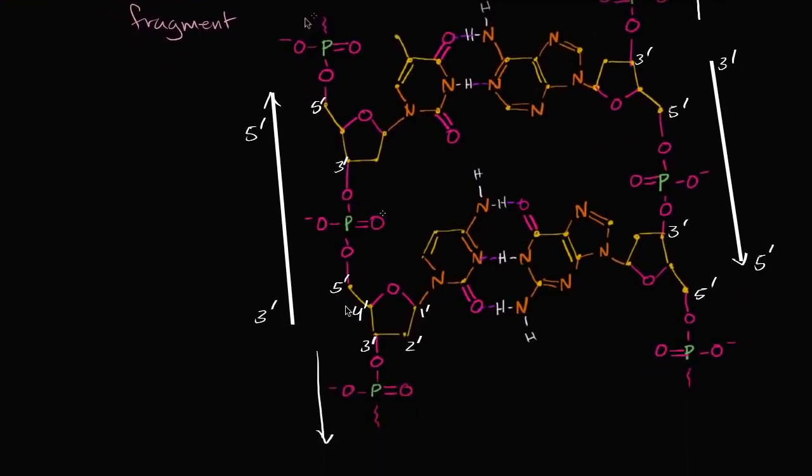So one way to think about it is you can only add nucleotides on the 3' end, or you can only extend DNA going from 5' to 3'. If you're only adding on the 3' end, then you're going from the 5' to the 3' direction. You can't go from the 3' to the 5' direction. You can't continue to add on the 5' side using polymerase.